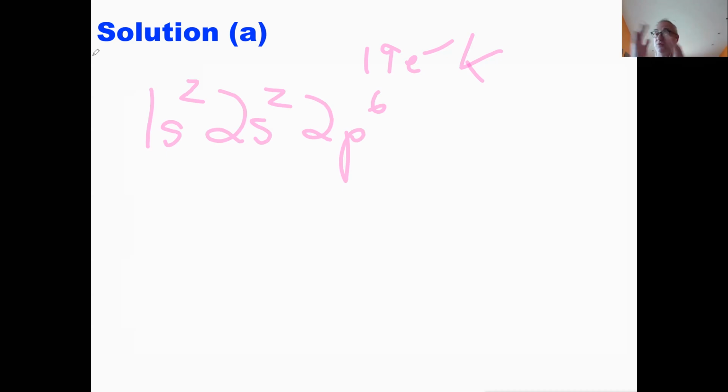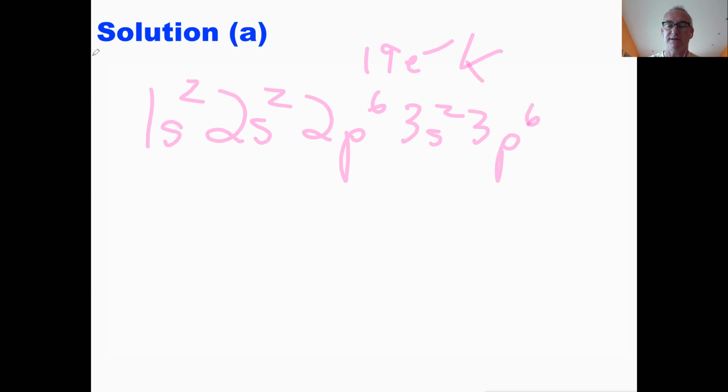The order of the first few orbitals should be fairly straightforward. It's only when we start getting into D that it gets confusing, and then you have to use that diagram I showed you last time. But 1s2, 2s2, 2p6, 3s2, 3p6, 4s1.